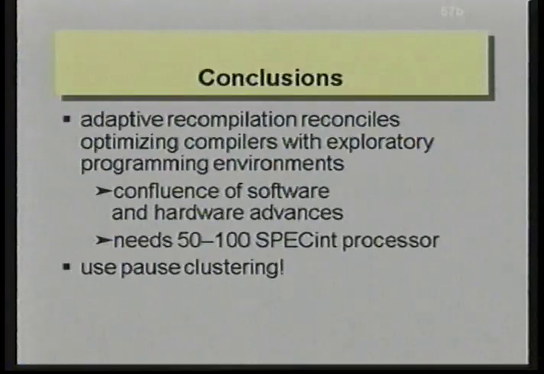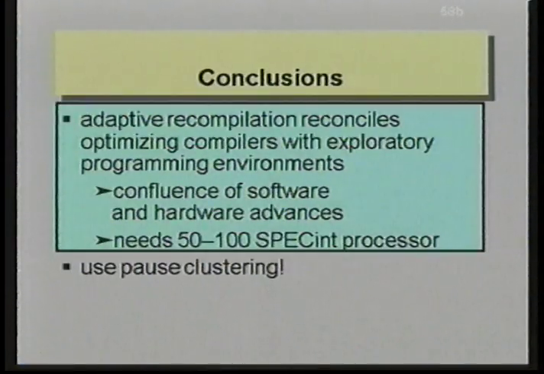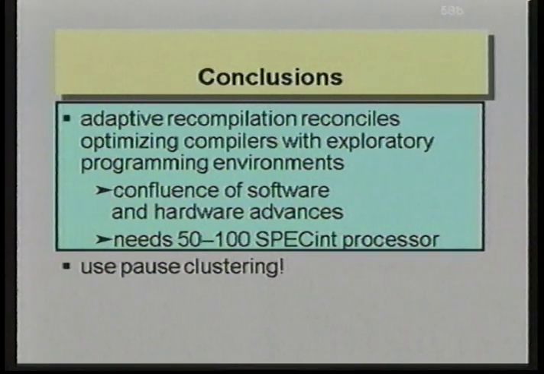So let me come to the conclusions. What I showed you today was that the Self 93 system can combine very good performance and almost interpreter-like responsiveness by using adaptive recompilation. The system can be so interpreter-like not only because of adaptive recompilation, but also because of advances in hardware.